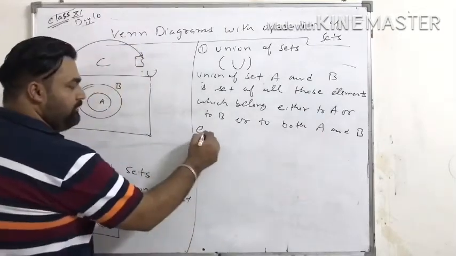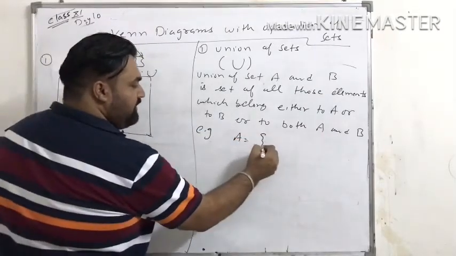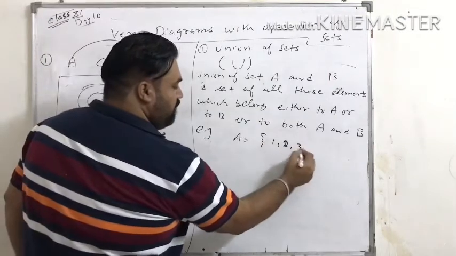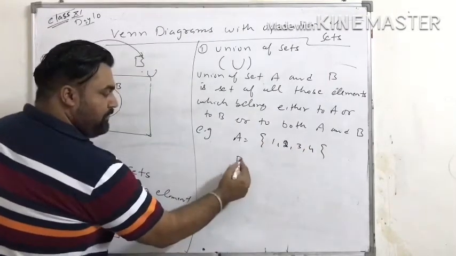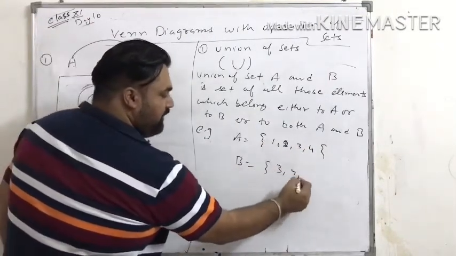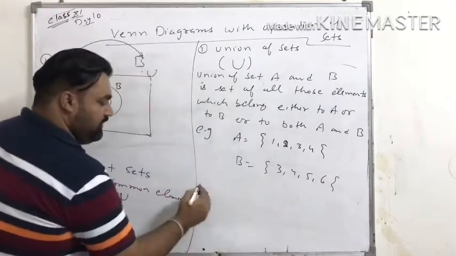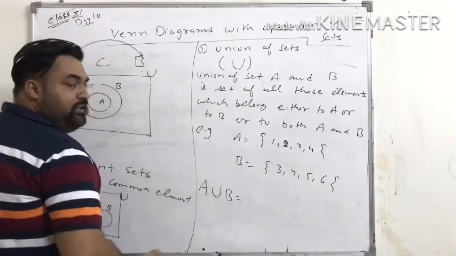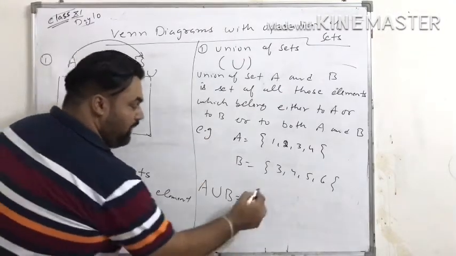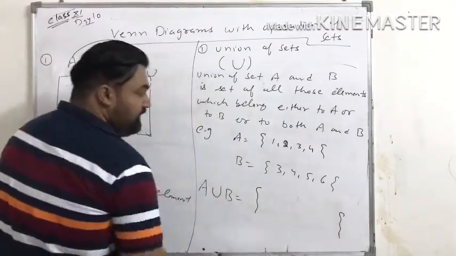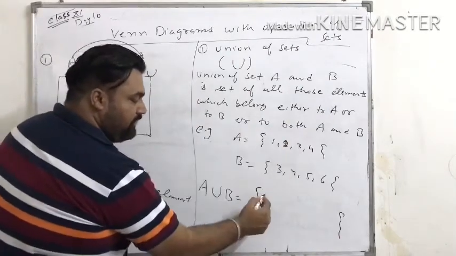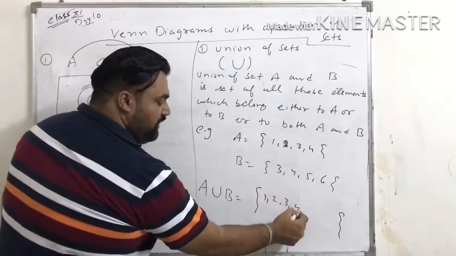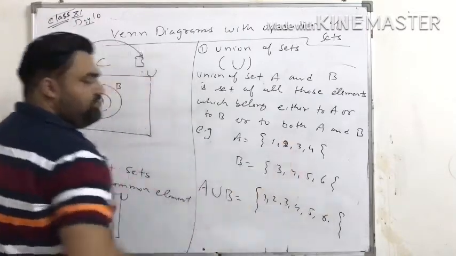For example, if A is {1, 2, 3, 4}, B is {3, 4, 5, 6}. So A union B means the elements of both A and B, but the repetition of elements is not allowed.